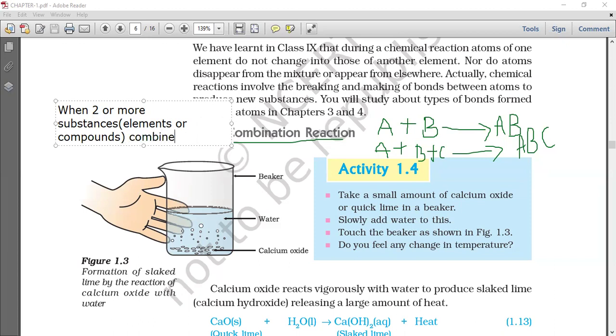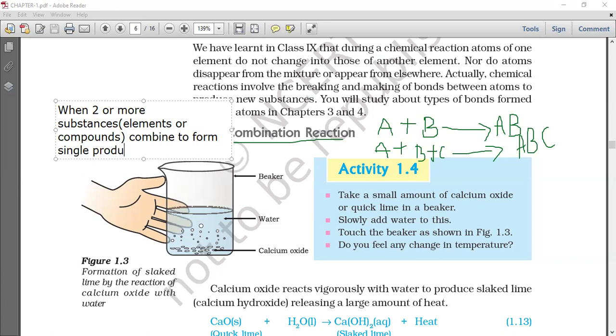The plus sign means they are combining. So what happens after combining to form AB? AB is single, right? Previously on the left side A is separate and B is separate. I combined them and I am getting a single product.